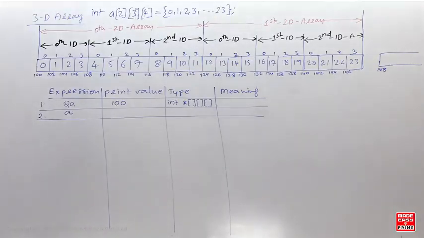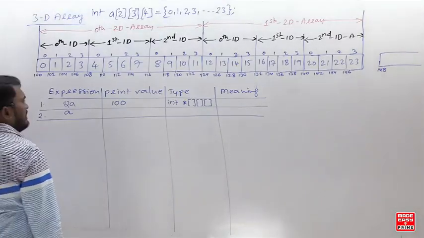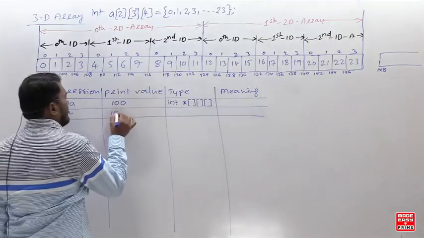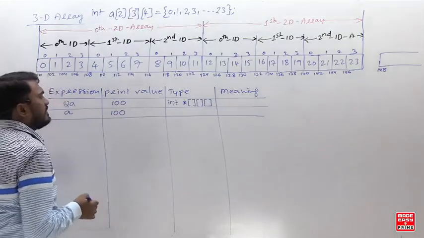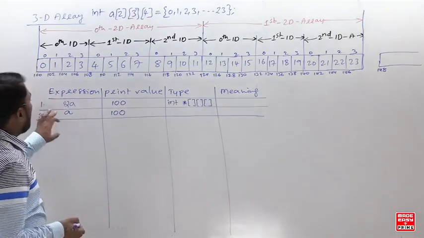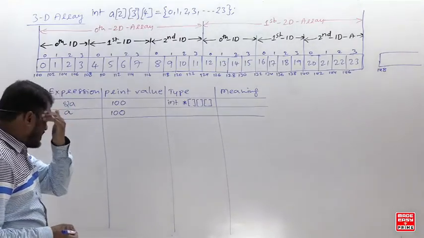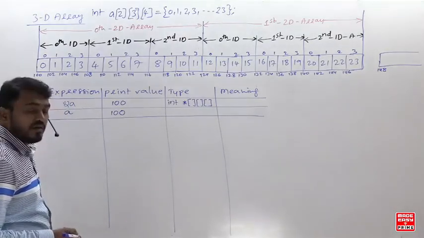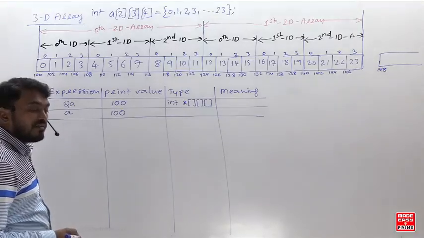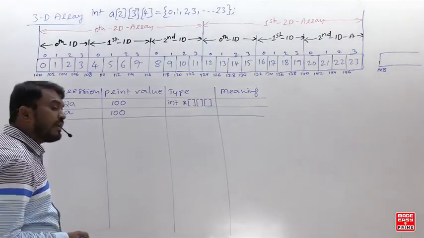So if I say a, where will it point? A means the same thing. It will point to 100. Now tell me, what is the meaning here? The type: a means a 3-dimensional array name without subscript. It will point to the base address of the 0th 2-dimensional array.